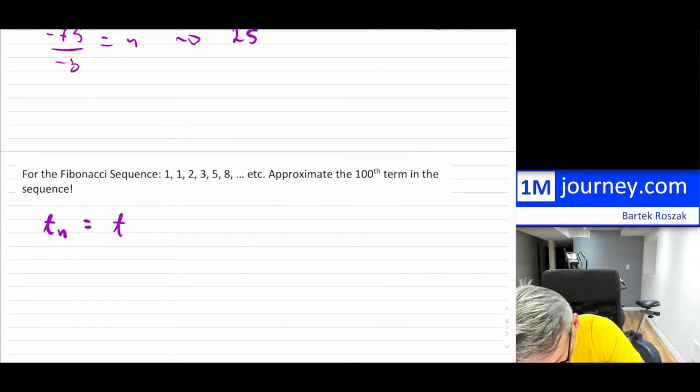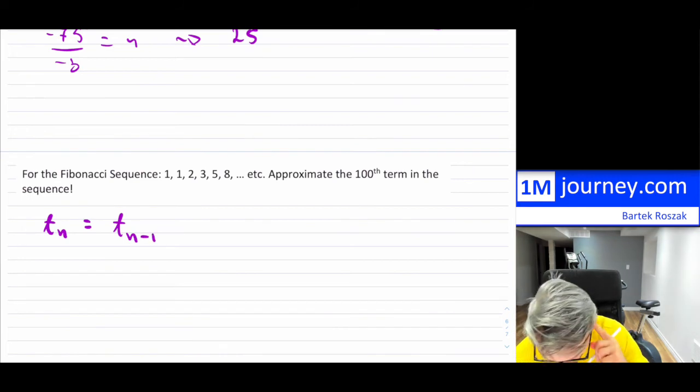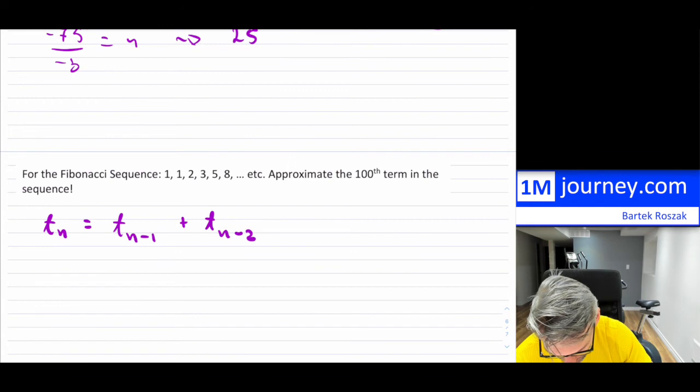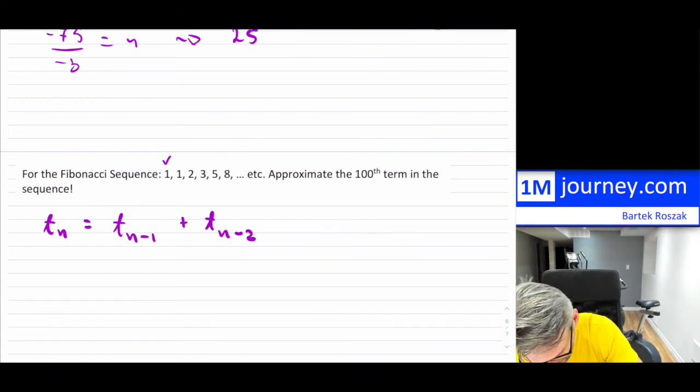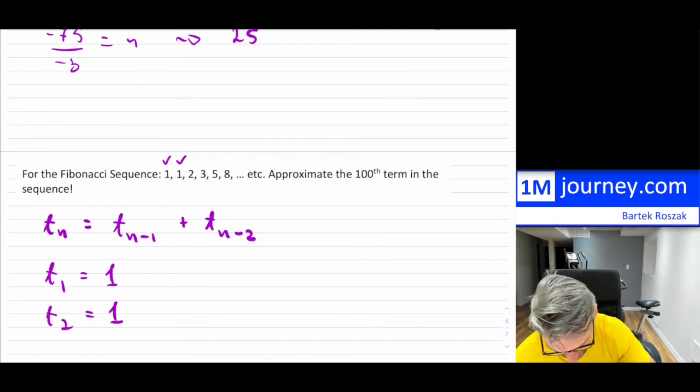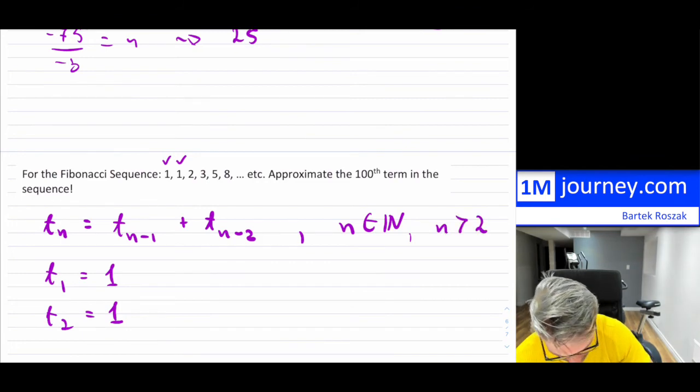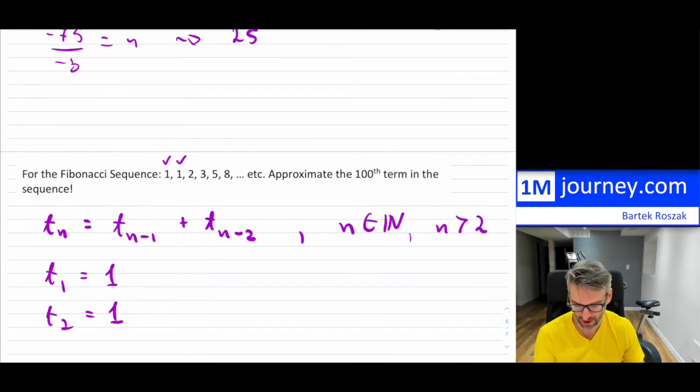We need to know Tn minus 1 plus Tn minus 2. And in this case, they're starting with T1 equal to 1 and T2 equal to 1. All right, so this is for n a natural number, but n has to be greater than 2, right? So for 3, 4, and so on.